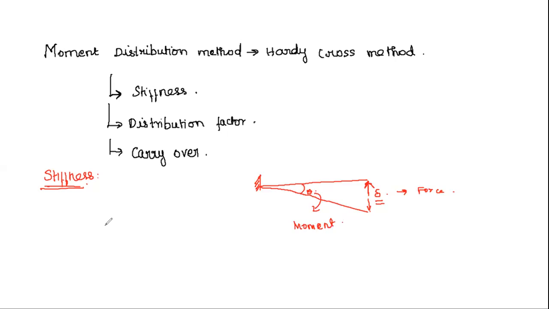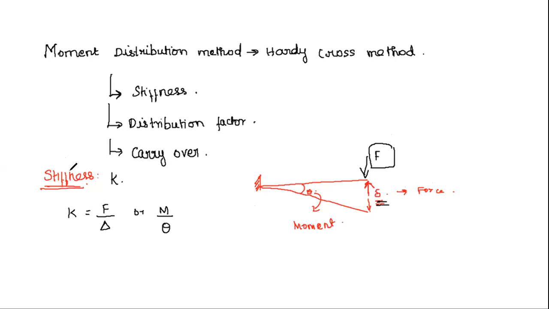Stiffness is denoted by the small letter K. K is equal to F by del or M by theta, where F is the force required to produce unit deflection. Consider this cantilever beam, we are applying a force here. What amount of force do I have to apply to produce a unit deflection?